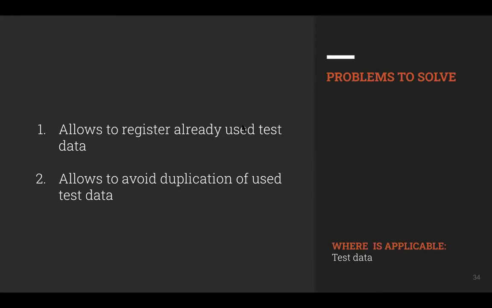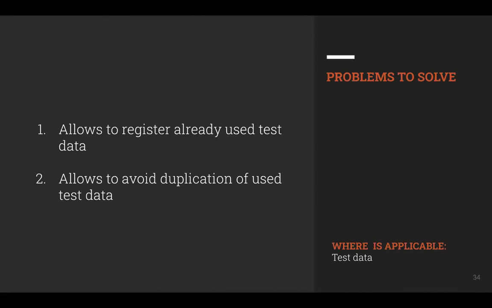I can give you an example from my experience. We had one project, a mobile project, and we had access to a third-party system. It was a mail server, and we had created test users on this mail server, an Exchange server.